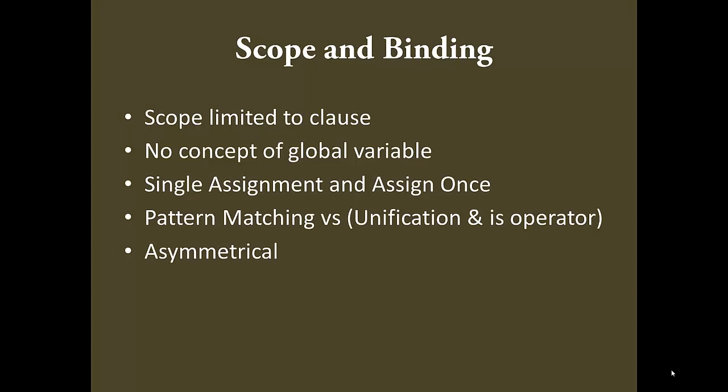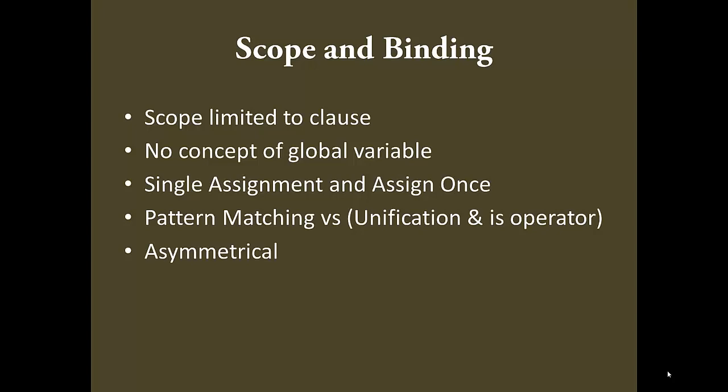There's no such equivalent in Erlang. Another difference is that because in Erlang we're using pattern matching, variable assignment is asymmetrical. However, in Prolog with unification, this assignment is actually symmetrical.